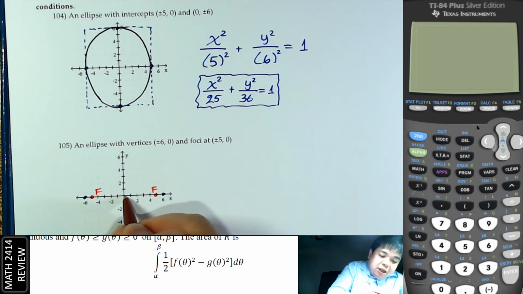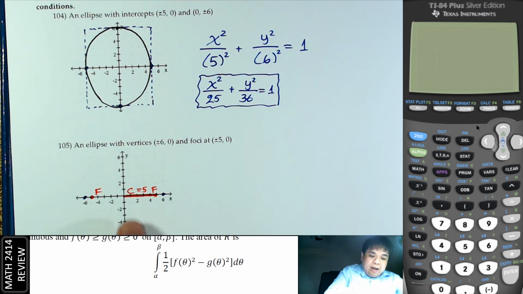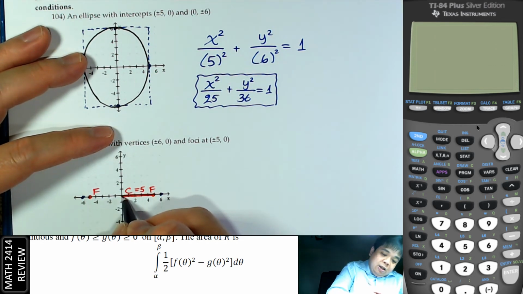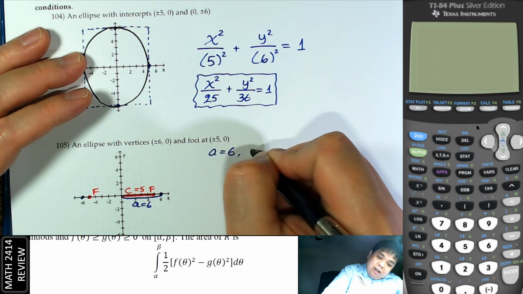So we have c is 5. And from the center to the vertex, that is the biggest distance. Let that distance be a. This distance a is equal to 6. So a is equal to 6 and c is equal to 5.